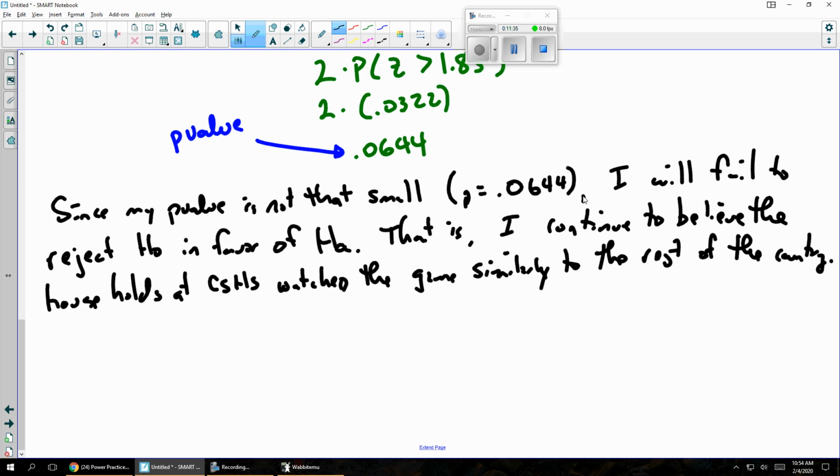Another way of saying it is, I find insufficient evidence to decide that this school is different than the rest of the country. I continue to believe we're just like everybody else in this regard.